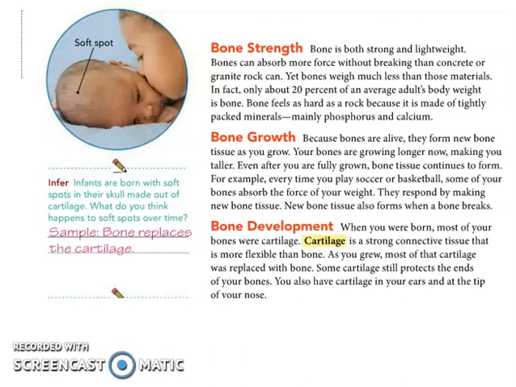Another characteristic of the bones is strength. So yes, it is true that our bones are stronger than steel. Okay, so here it says bone strength. Bone is both strong and lightweight. You know, in old times, in barbarian times, when they won the war, they would gather the bones and get the femur, the leg bone. You know why?